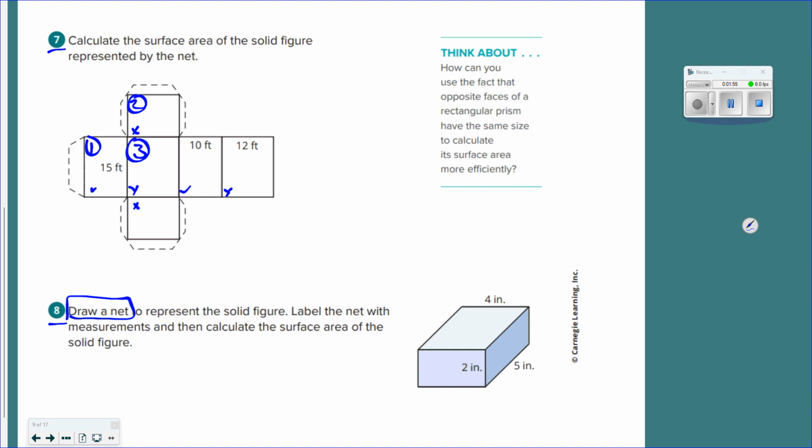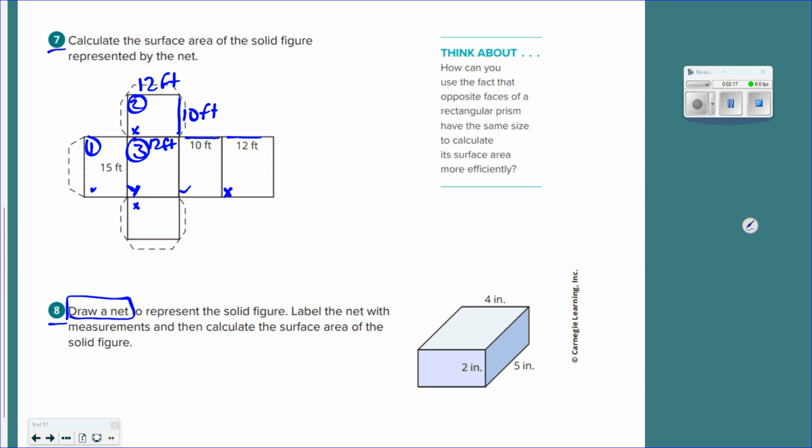One of the big ones, they told me this is 10 feet. So if I fold this over, this side is also going to be 10 feet, correct? This one is 12 feet. This is the same rectangle. Here, y is the same as y, meaning that this is 12 feet, or this is 12 feet.